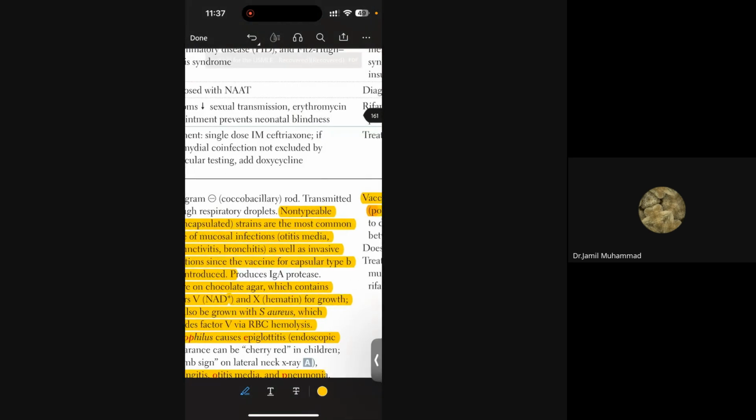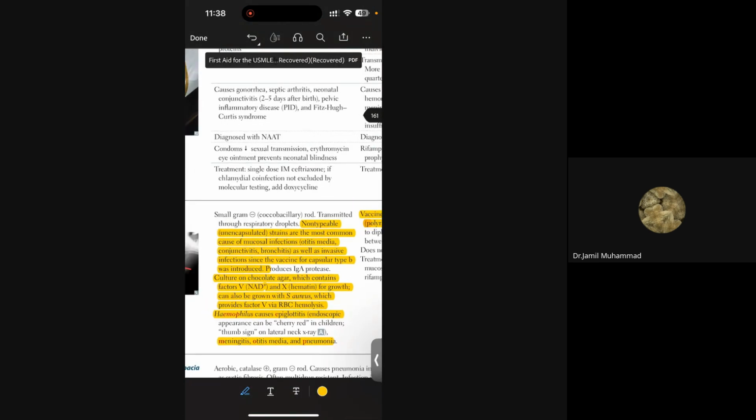So the infection in this patient will be due to the typeable one, and the typeable ones are the encapsulated ones.